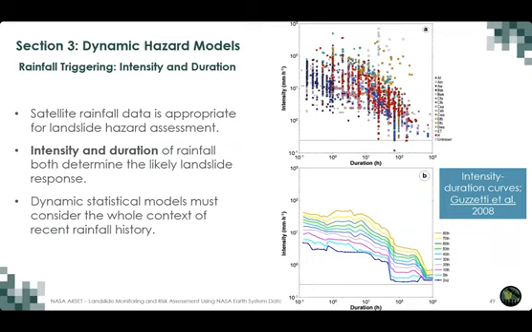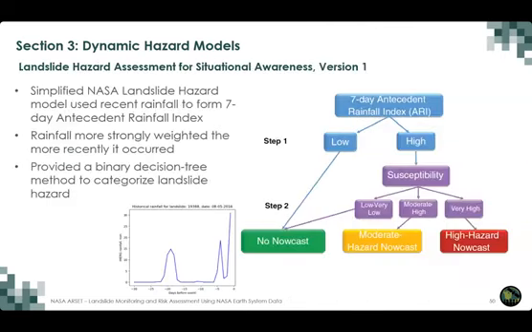We can assess longer-term archives of this, but any kind of dynamic model using rainfall statistics should consider the entire recent rainfall history, rather than just the singular value occurring at that given time. To give an example, I could talk a little bit about NASA's Landslide Hazard Assessment for Situational Awareness model. Version 1 of this model, or LHASA, uses a simplified recent rainfall assessment to form a 7-day antecedent rainfall index.